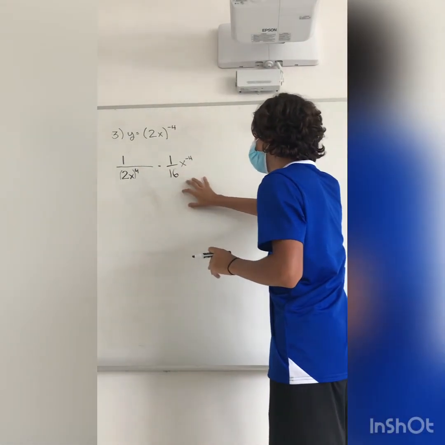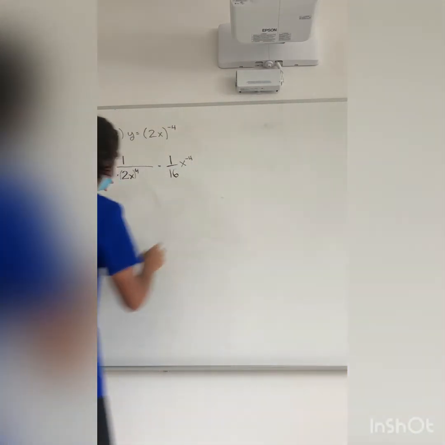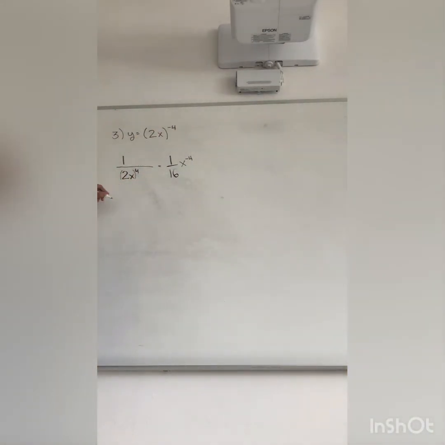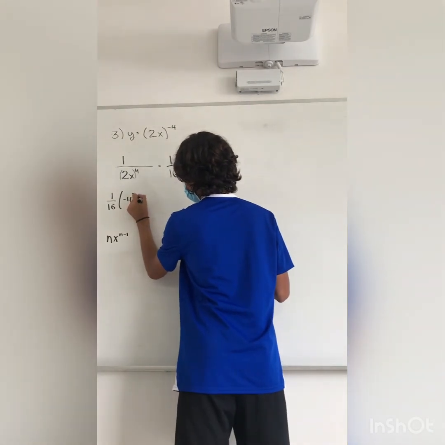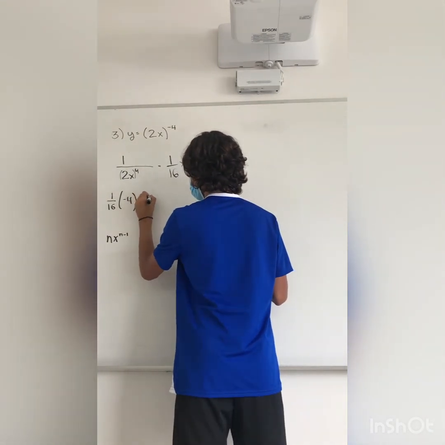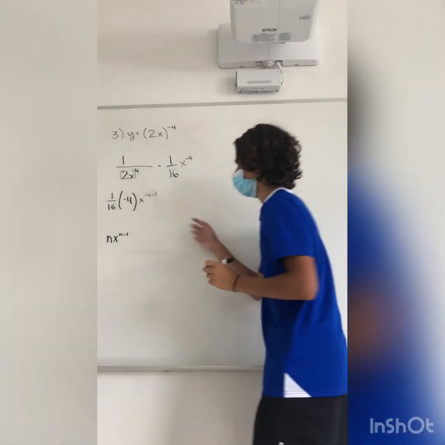So now that we have this, we can multiply -4, that is 1 over 16, and applying this rule, the nx to the n minus 1, it led us to this multiplied by -4 goes to the x to the -4 minus 1.